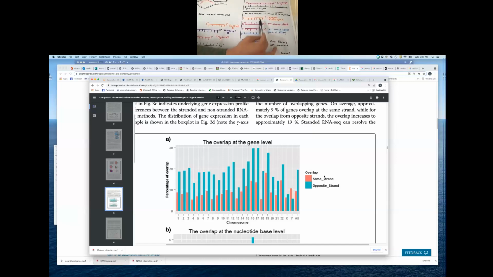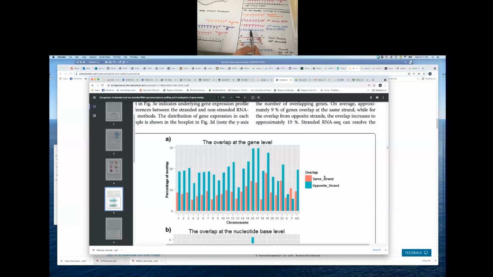This strand should be in the opposite direction of where it came from, because of how they're transcribed. And so we have our first strand cDNA. Now when we make our second strand cDNA, let's say this wasn't a stranded library, so it's made with dTTP instead of dUTP, like what I showed yesterday.